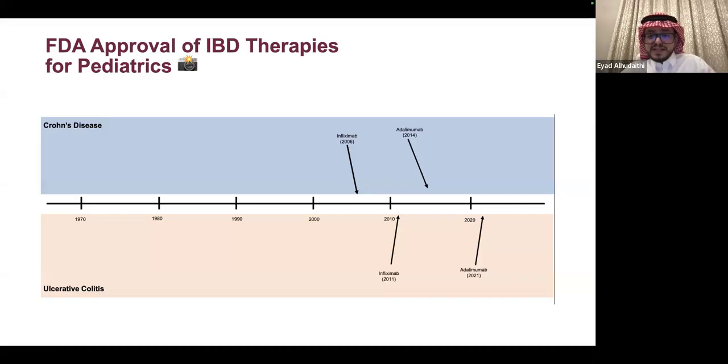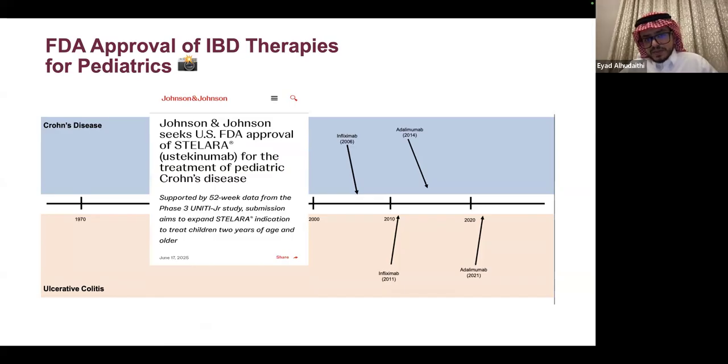We don't have much approved medication, given that it's harder for the pediatric population to get approval. It's harder to have them enter an off-label medication trial, even though the disease behavior and phenotype in the pediatric population is more aggressive, but we are still behind in terms of FDA approved medication.